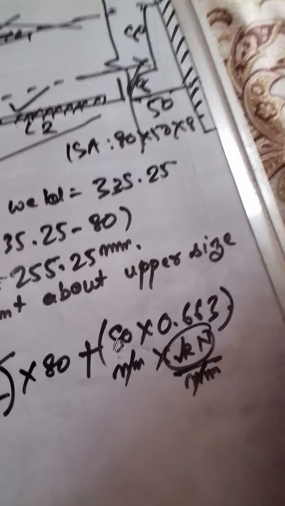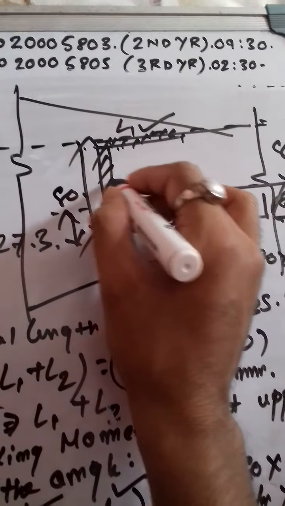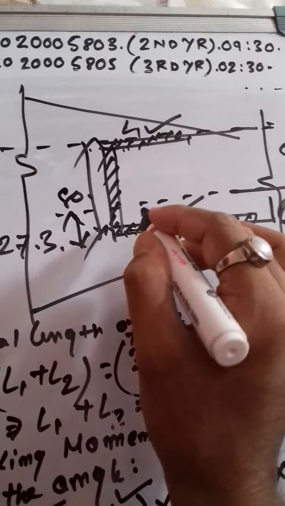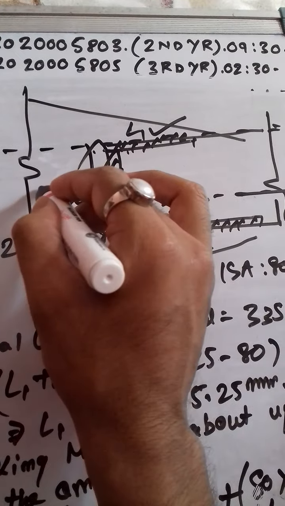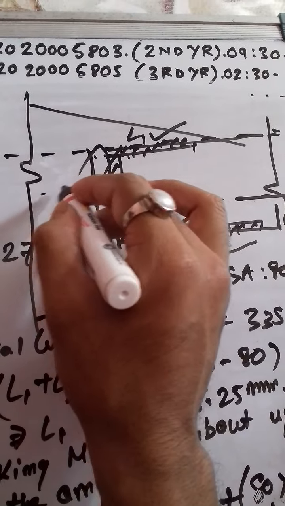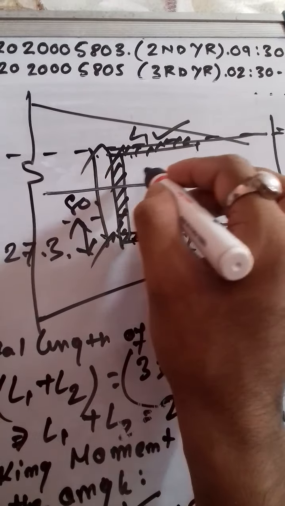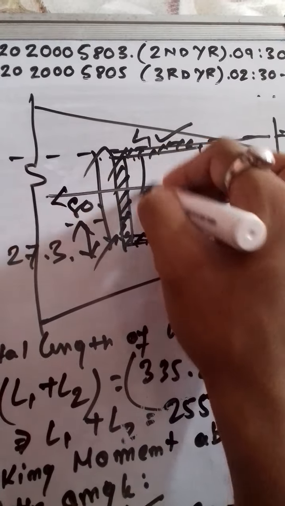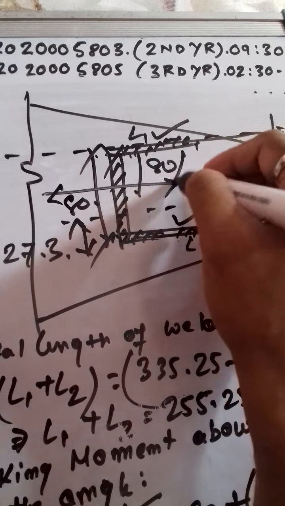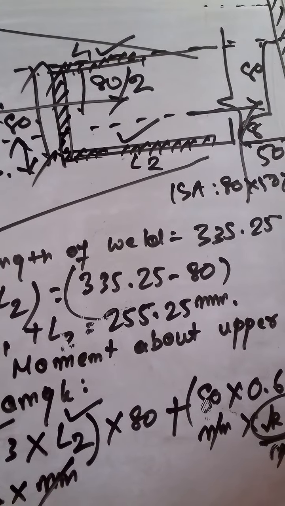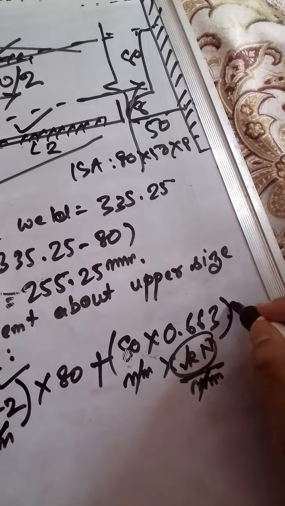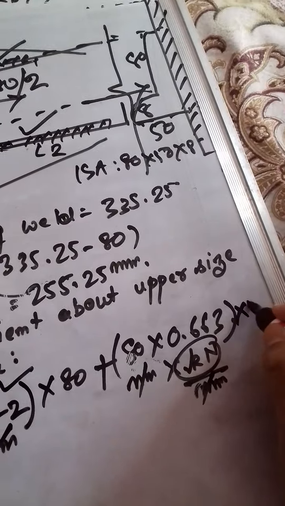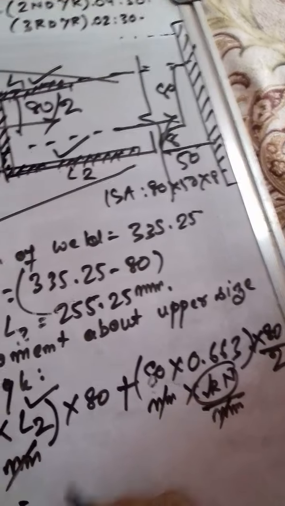This is the force. Now, this is assumed to be acting through the center, so the distance will be equal to 80 divided by 2, right? So the distance is equal to 80 by 2.